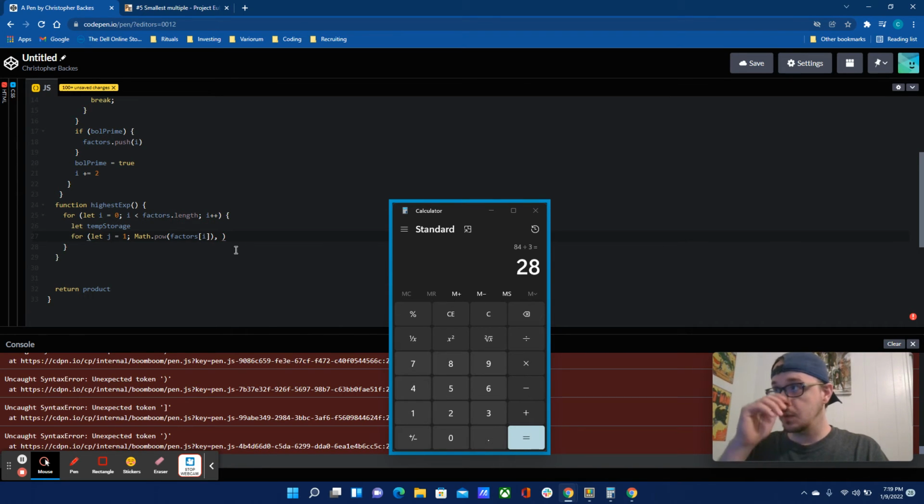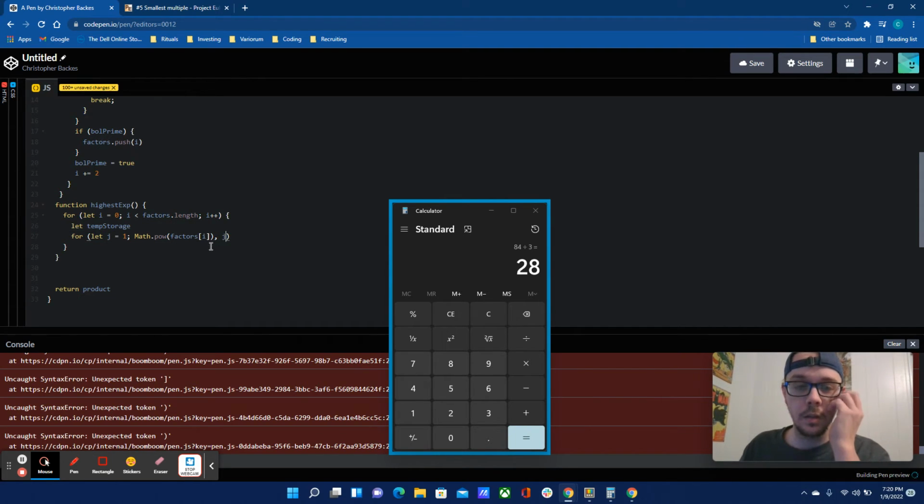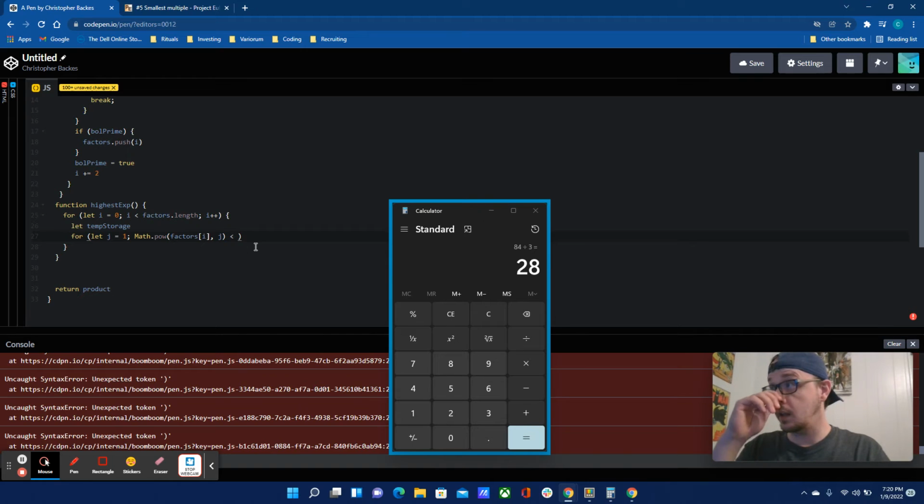And then the second number is the power that you're raising it to, j. Oh, wait, I need that on this side. That is less than upper bound.